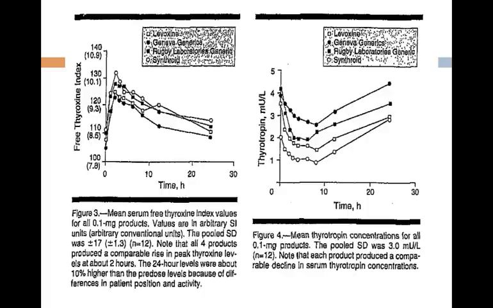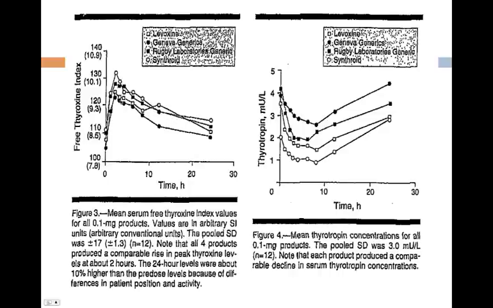So Betty did the research, and here are some of the data that she found. What you've got here is the free thyroxine index, and you can see the Synthroid, the open circles on the left. And here's the Synthroid.